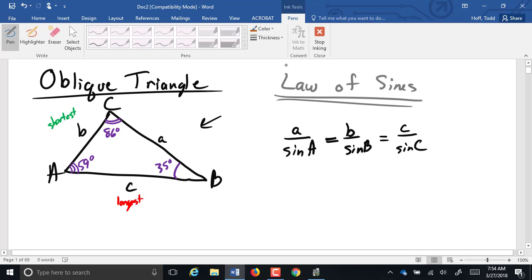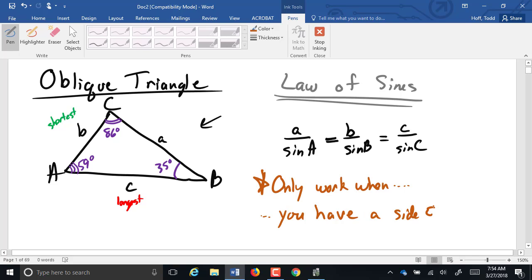Now, to make this work, it only works when you have a side and its opposite angle.